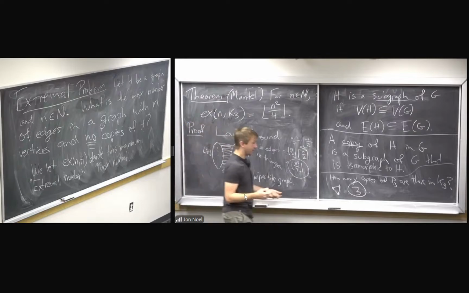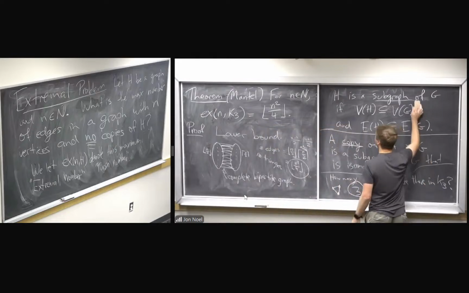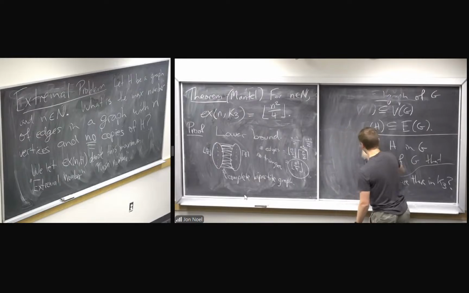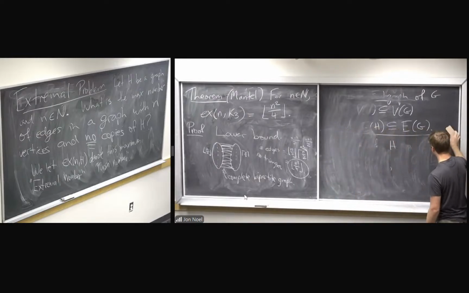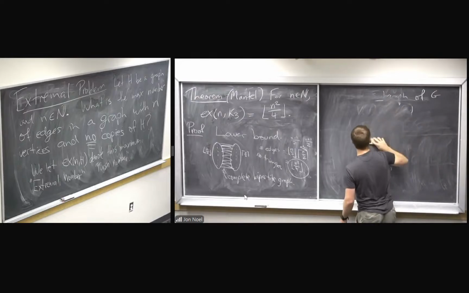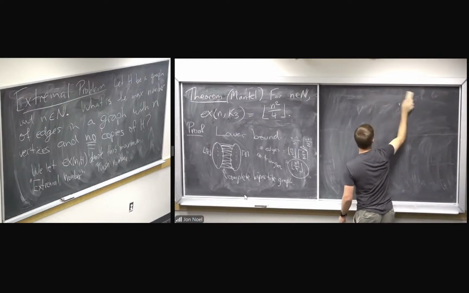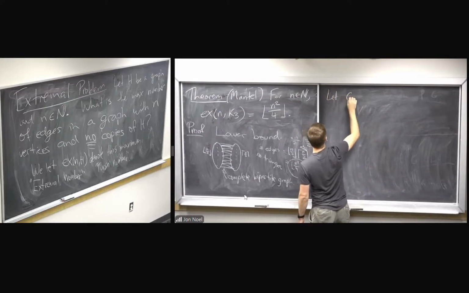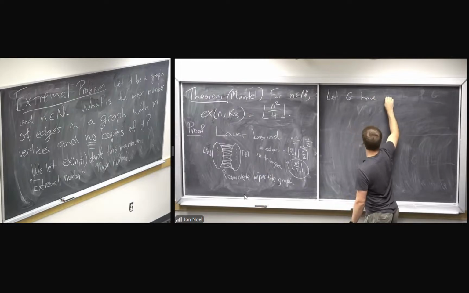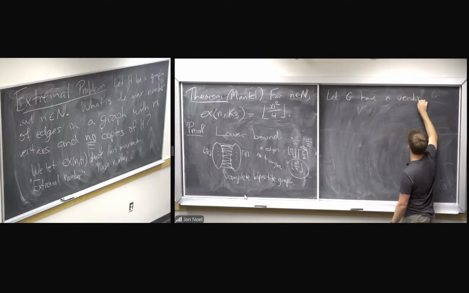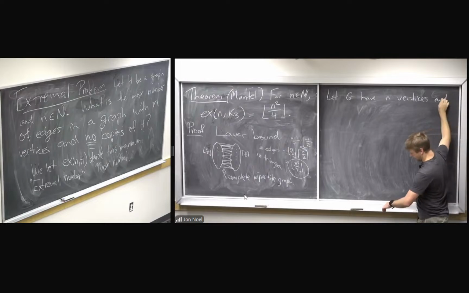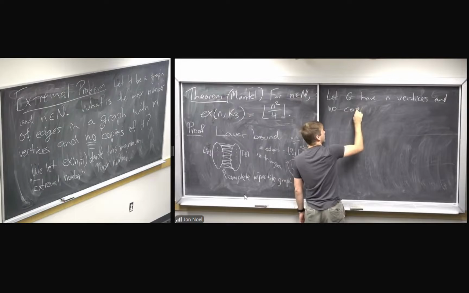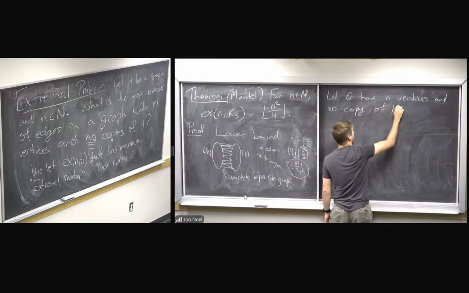So let's prove the upper bound. Now let G have n vertices and no copy of K3.